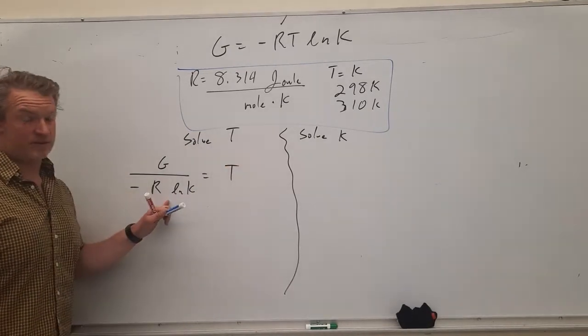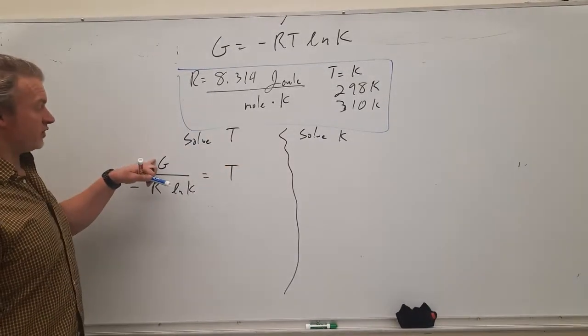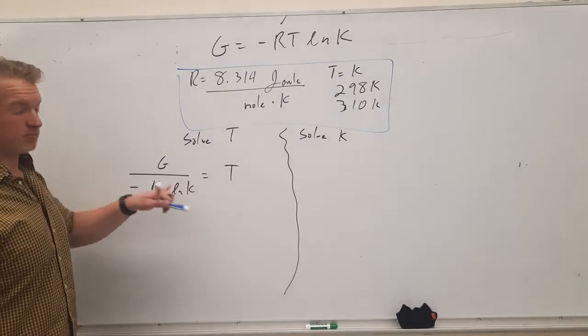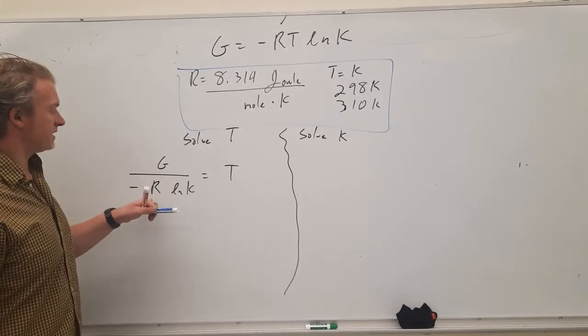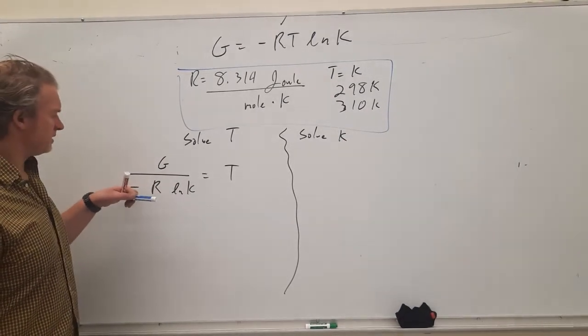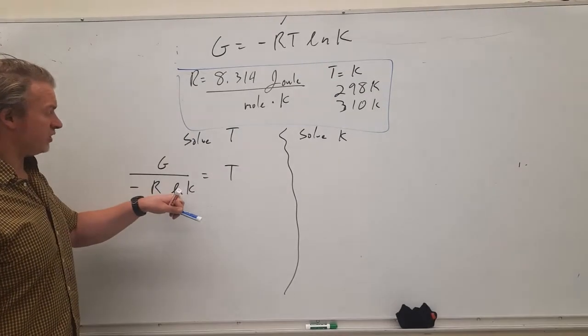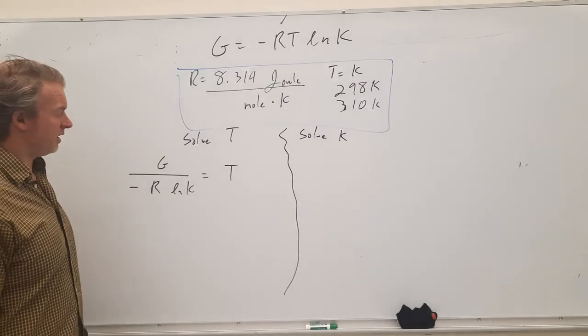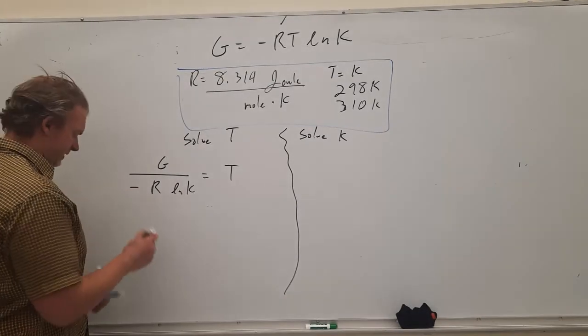If you're given the G value, you're given R, and you're given K, you plug in what you know and set them all up, being careful of the negative value and making sure you do the natural log of the K value, not just plugging in a number. Those are the things I would bring my attention to.